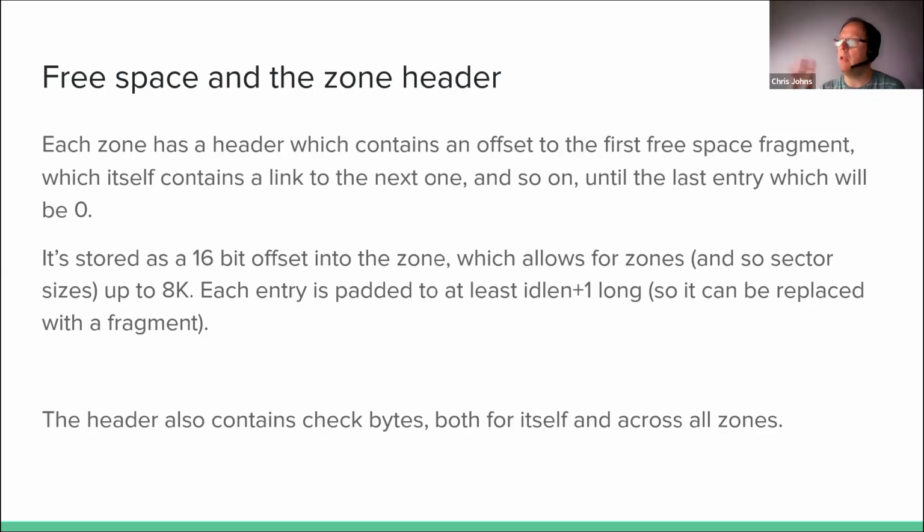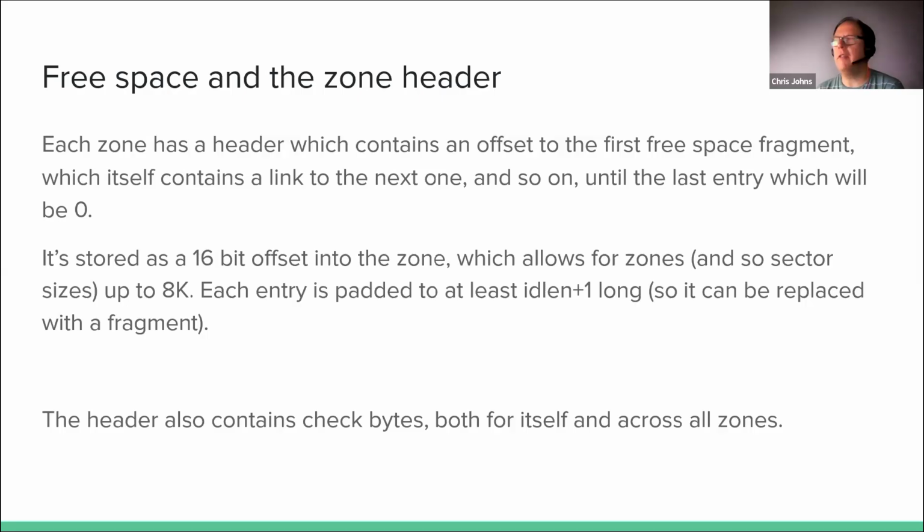This is basically a fragment that just says this is free space. Normally when things are put in, they're going to start at the top and work down, but things get taken out, things get moved about. So it's a list because you could have the first bit of free space, then some files after that, then another bit of free space, and some files after that, and another bit of free space, and so on.